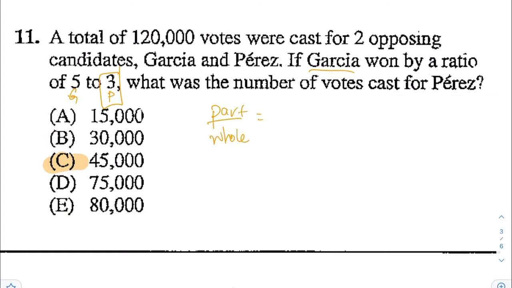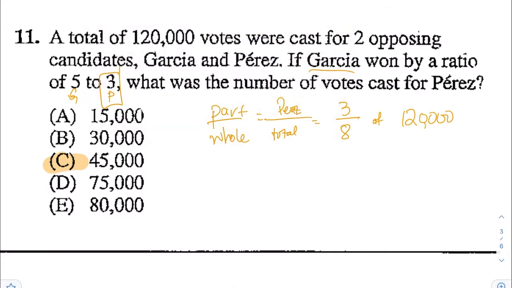And the part corresponds with Perez, and the whole corresponds to the total. So in this case, Perez got 3 parts, and the total is 5 plus 3, or 8. So you have to do 3/8 of the total, which is 120,000.